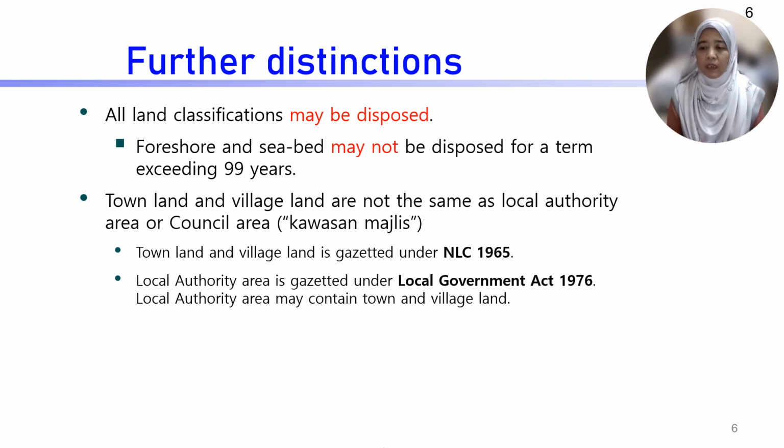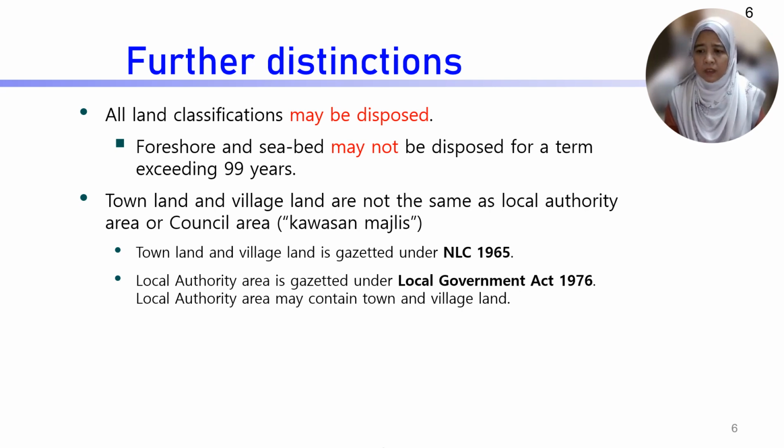Please, we cannot assume that if the land is within a pekan, tanah tu mesti diselenggara oleh majlis perbandaran, majlis bandaraya. No, it's two different things. The town land, village land, tanah bandar, tanah pekan under National Land Code are different from local authority area, kawasan majlis under Local Government Act.